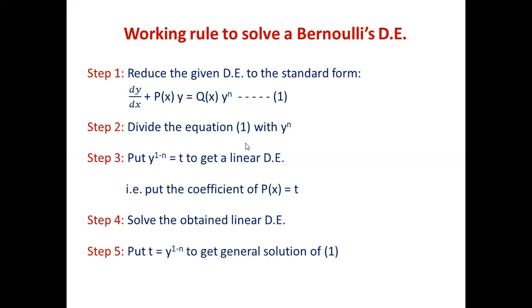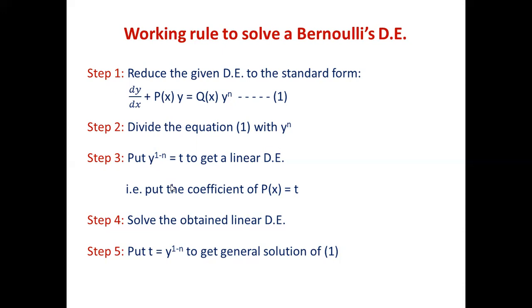In the second step, you divide the equation with y power n. In the third step, you replace the coefficient of p of x, namely y power 1 minus n by some variable t, so that this equation will be reducing to a linear differential equation in t.